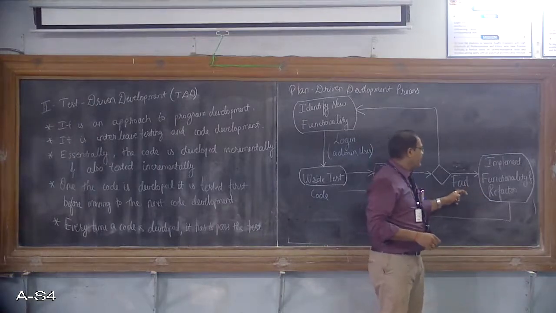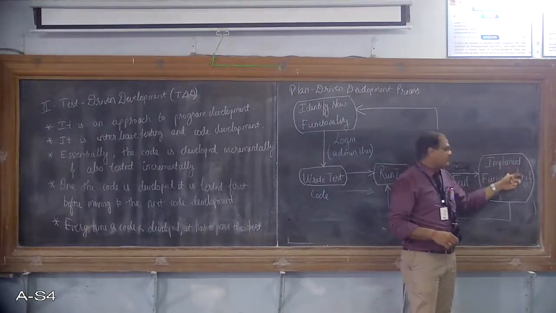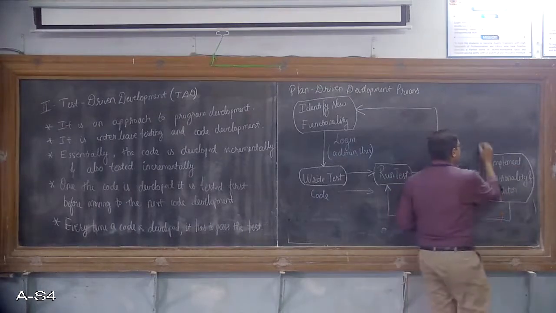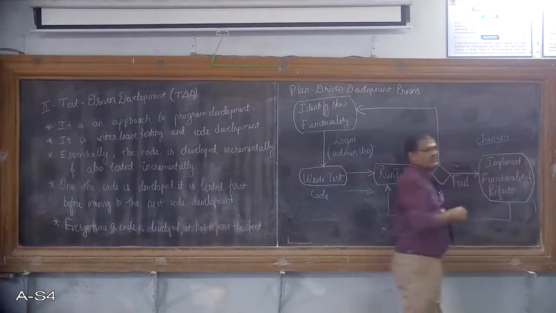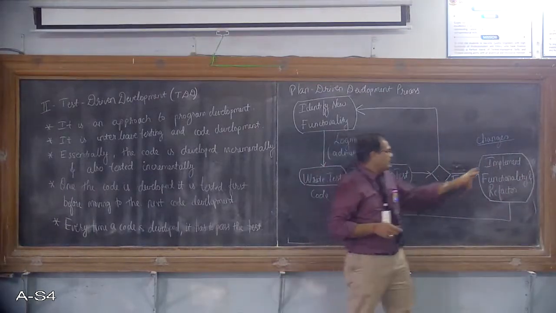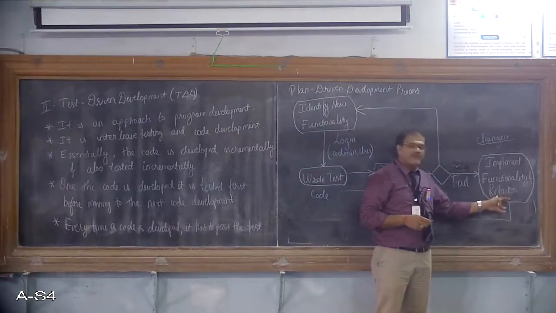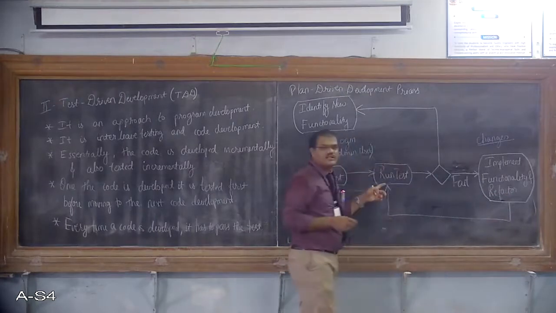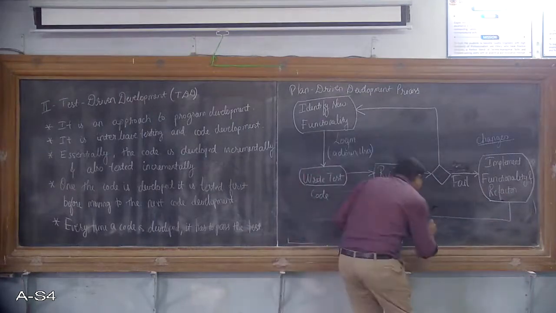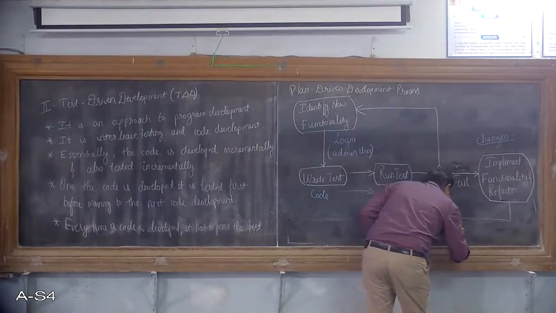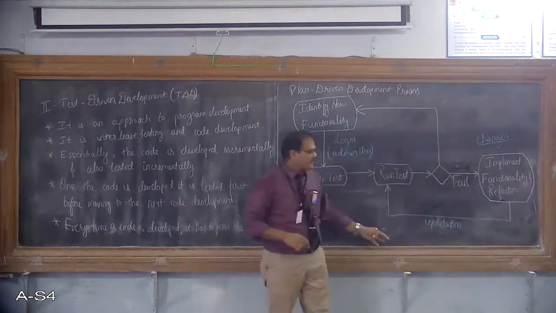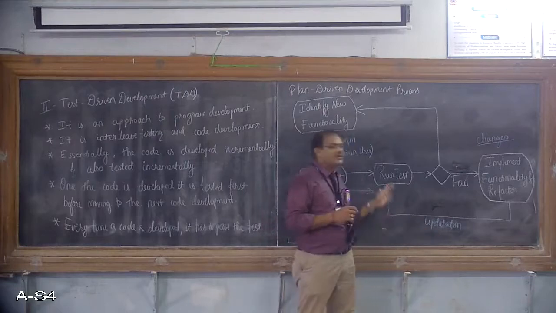If it has failed, I will make changes in my functionalities, whatever changes are required. Once the changes are made, I'll refactor and then run the test again. Here you can say I will perform certain updates in my current code and then run the test again.